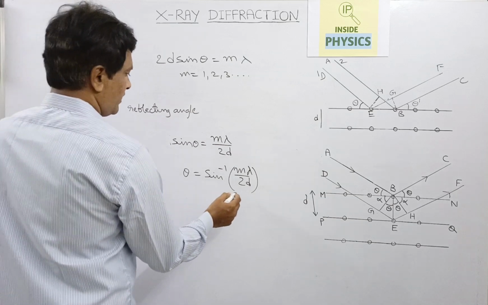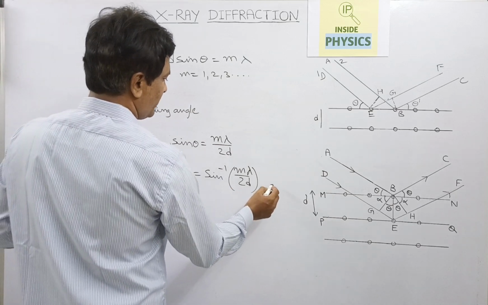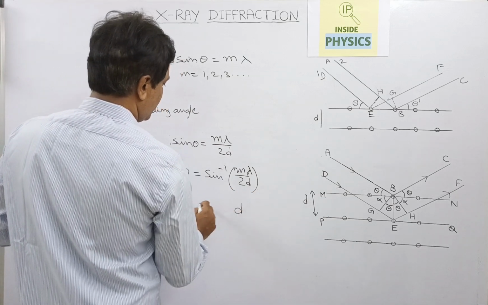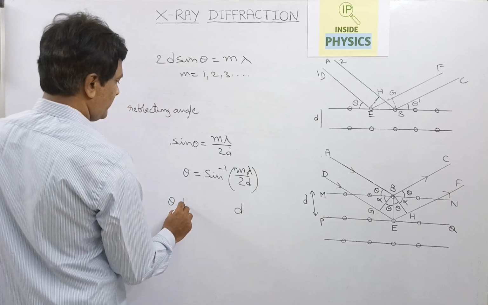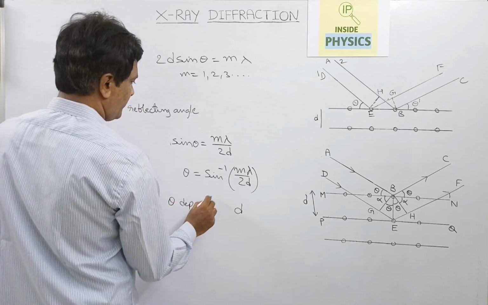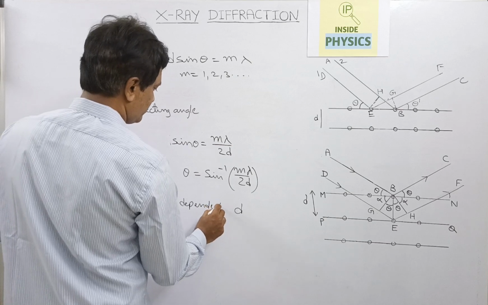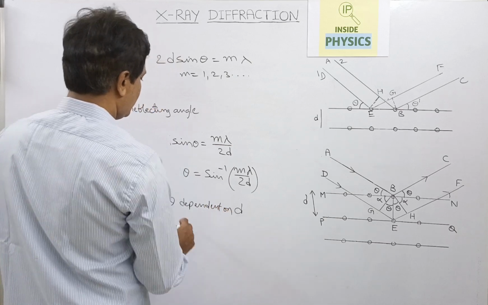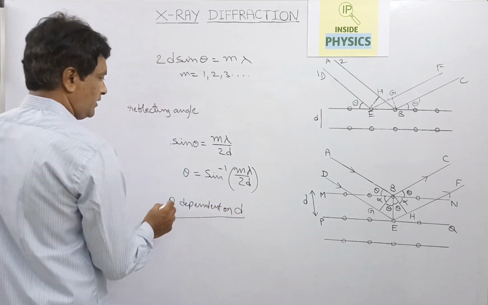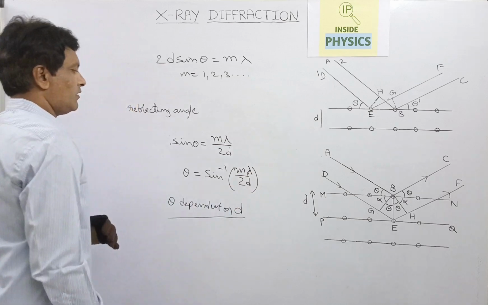That means theta is dependent on d if m and lambda are constant.